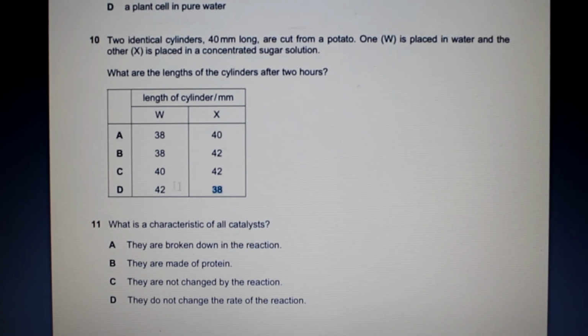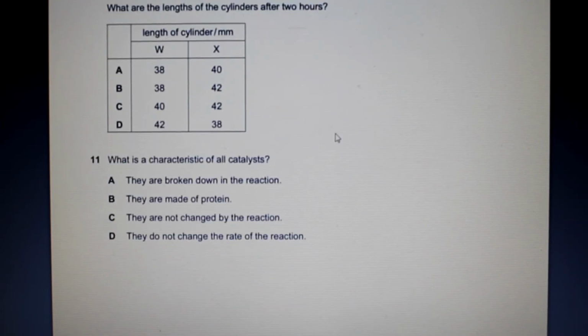Don't worry too much about the exact numbers. They are only here to illustrate whether the potato is remaining the same, getting smaller or larger. So think in those terms to come to your answer.